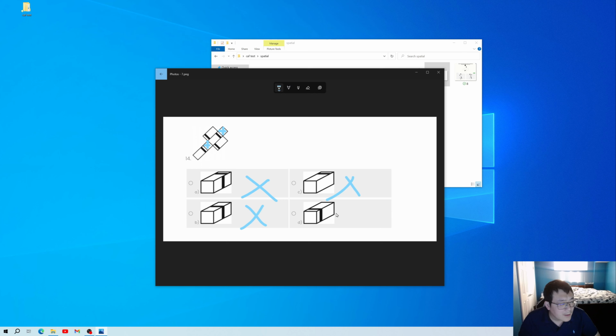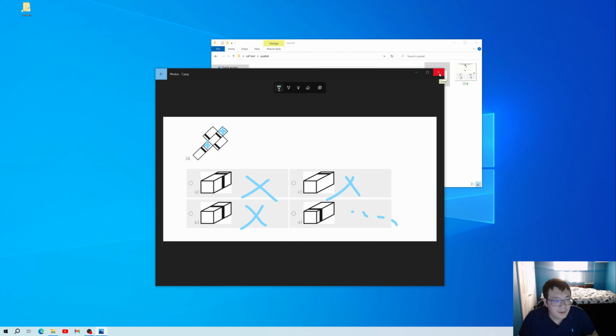Can it be this one? We don't know, but eliminating the wrong answers will bring us the correct answer. But if you want, I can tell you that this one, if you fold it up, will line up with these two bars, and this one will be the opposite side. But you don't really need to know that because you already got the correct answer.